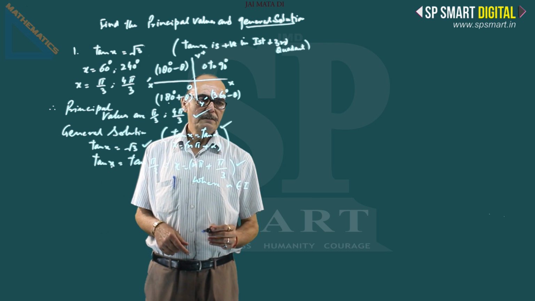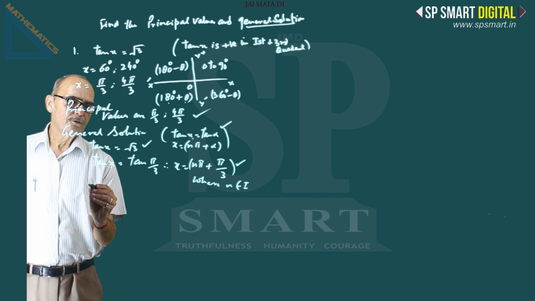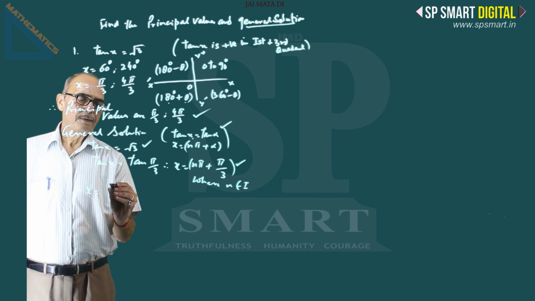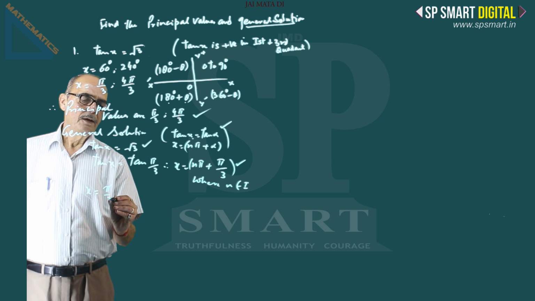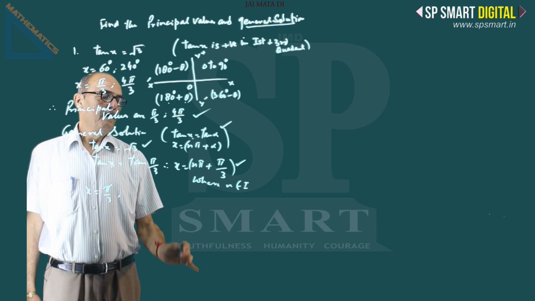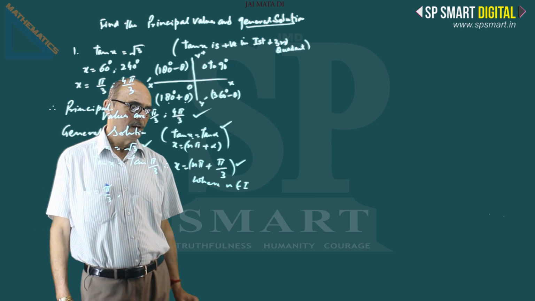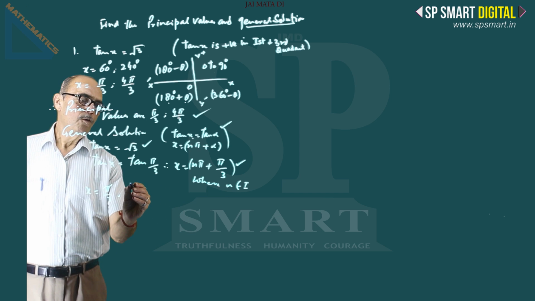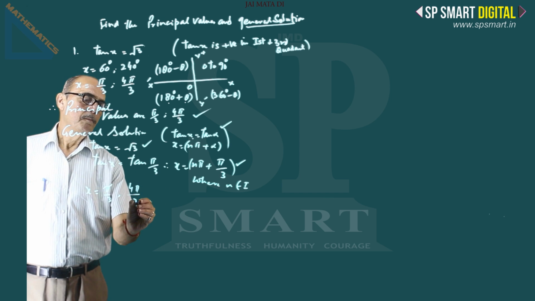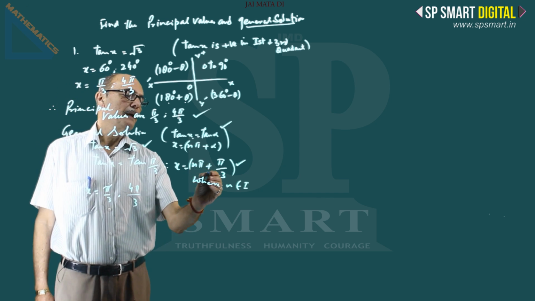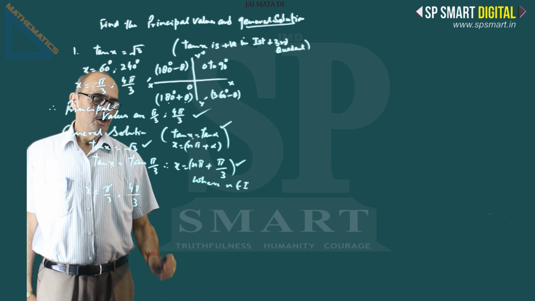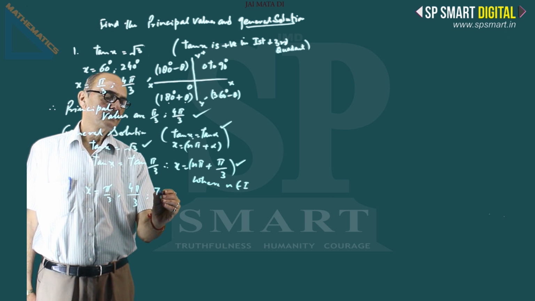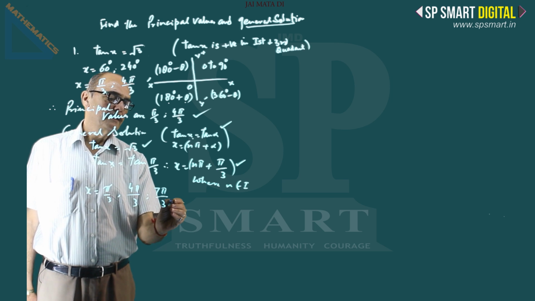N belongs to integers, so put n equal to 0, we have pi by 3 as one angle. Put n equal to 1, we have 4 pi by 3. This is 1 into pi, pi plus pi by 3. Put n equal to 2, 7 pi by 3.